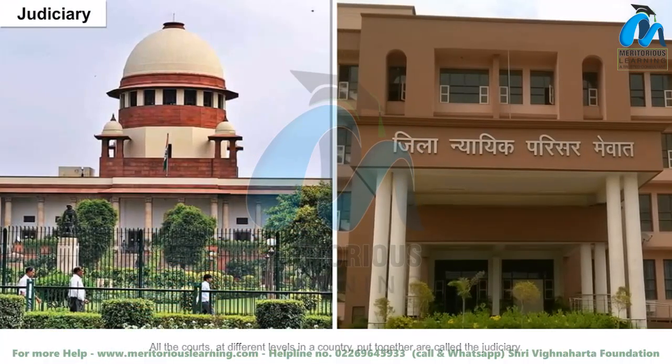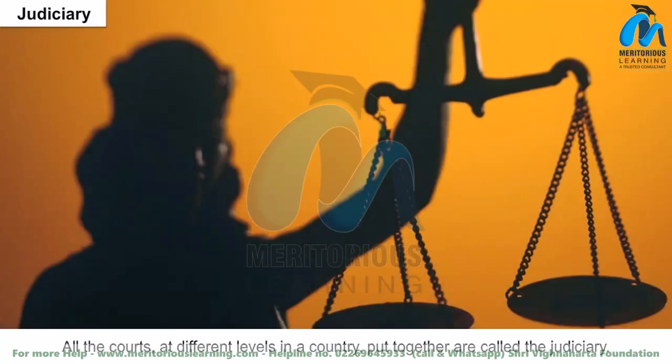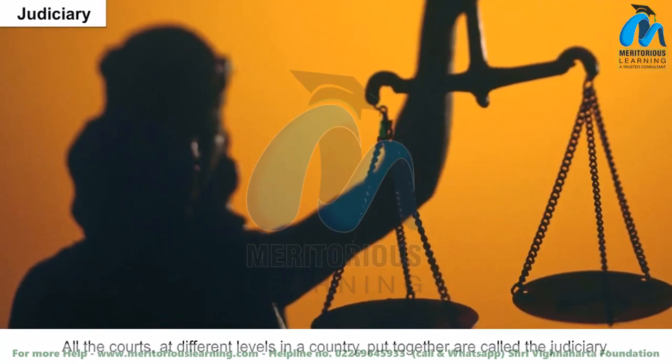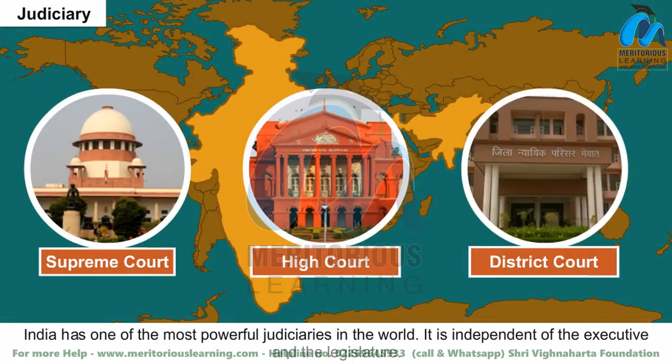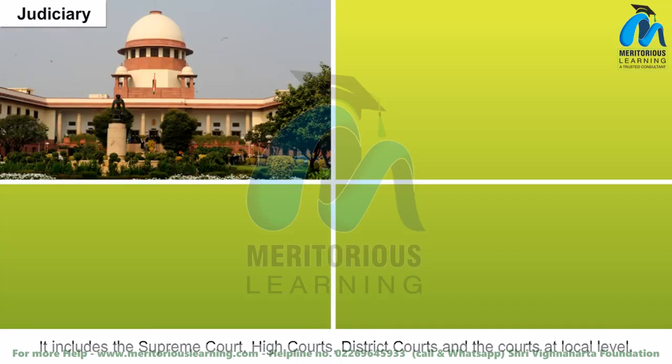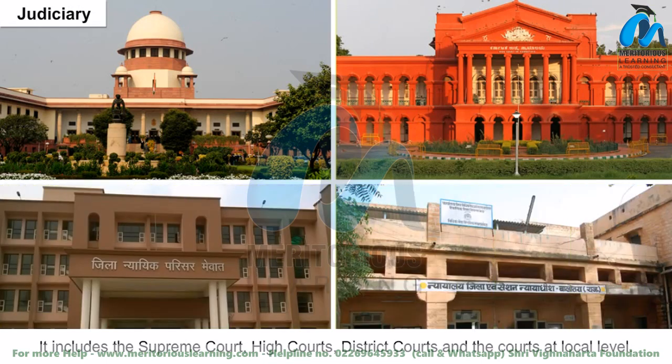Judiciary. All the courts at different levels in a country put together are called the judiciary. India has one of the most powerful judiciaries in the world. It is independent of the executive and the legislature. It includes the Supreme Court, High Courts, District Courts, and the courts at local level.